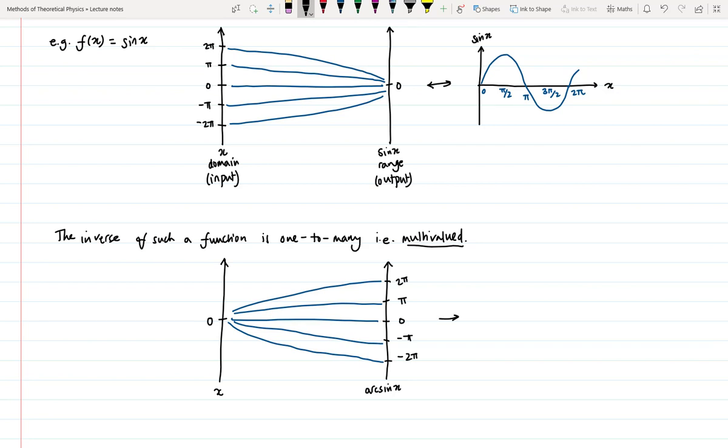Once again, this is also clear if we plot it on a graph. This is x and arcsine of x on the y-axis. And it looks something like this.